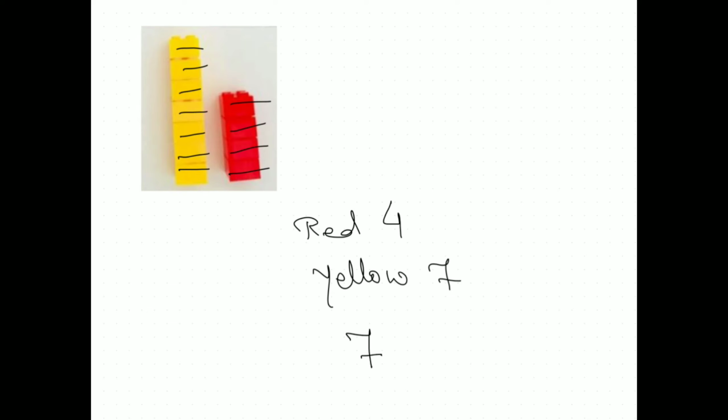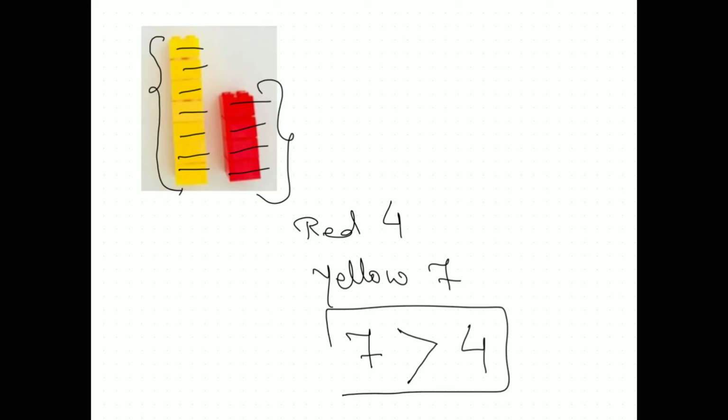Now ask them to put the greater or the lesser sign. So this will be greater and this will be smaller. And try to explain to them. See, the height of this block, this is taller, and the height of this block is shorter. That means this number is greater than the next one.